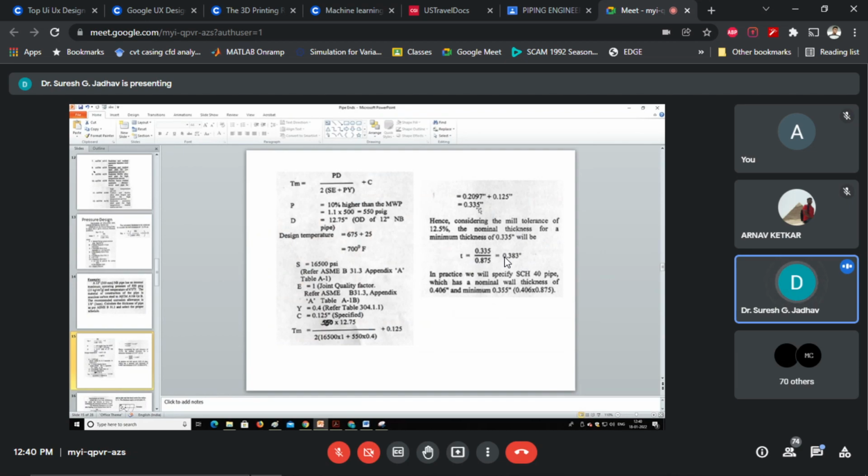Here we have to consider the mill tolerance of 12.5%, so that the nominal thickness for the minimum thickness of 0.335 inch per calculation.